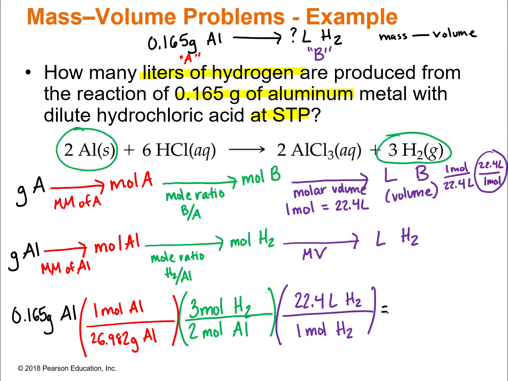Whenever you're doing mass to volume, that is the unit factor that you use for molar volume. 22.4 liters on top, 1 mole of your gas on the bottom. Go through and make sure that your units cancel properly. And they do.